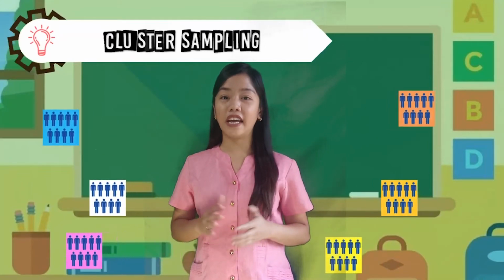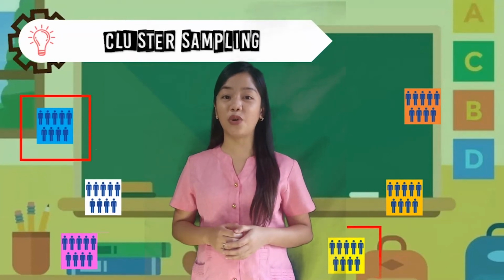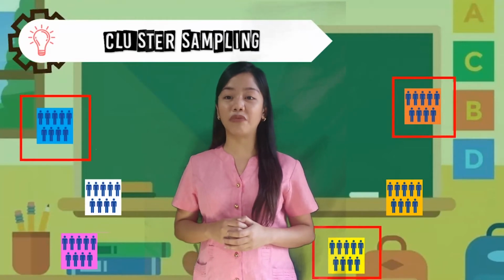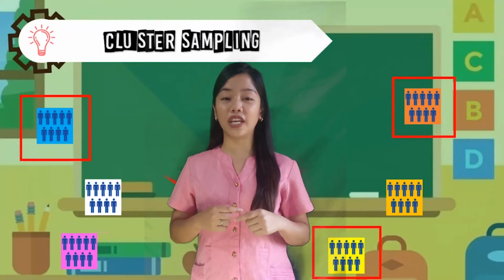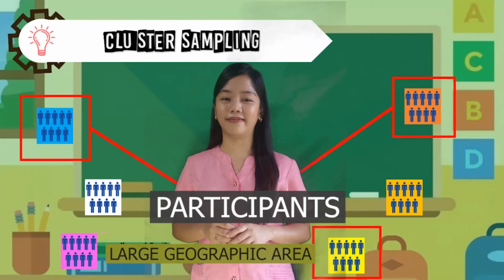And for the third one, we have the cluster sampling. When we say cluster sampling, the sample is obtained by dividing the population into sections or clusters, then randomly select one or more of the clusters, and using all its members as the participants of the sample.